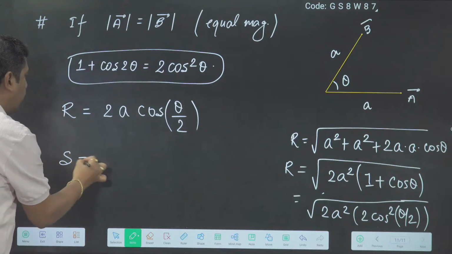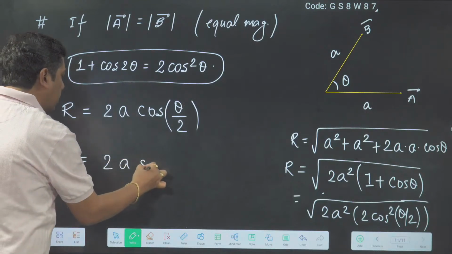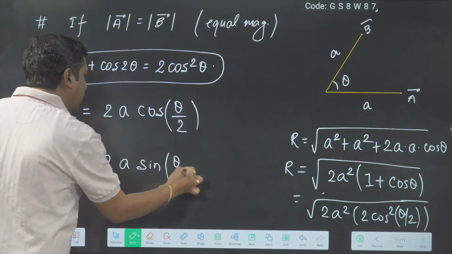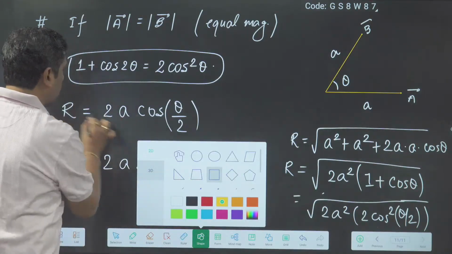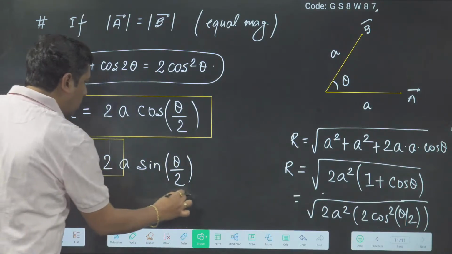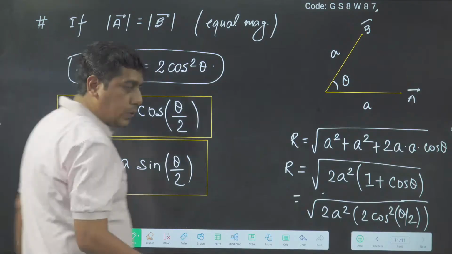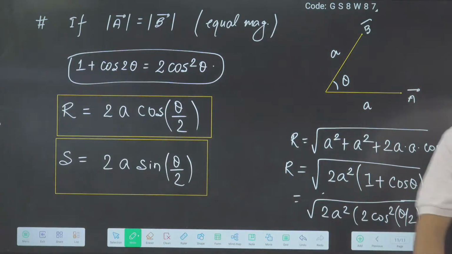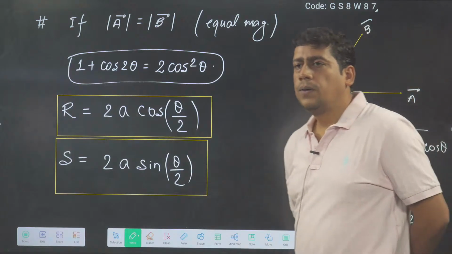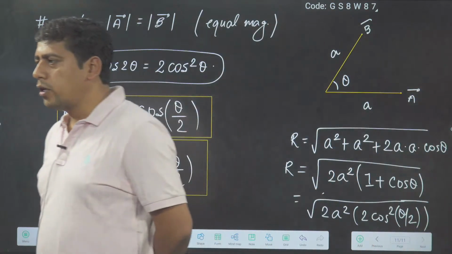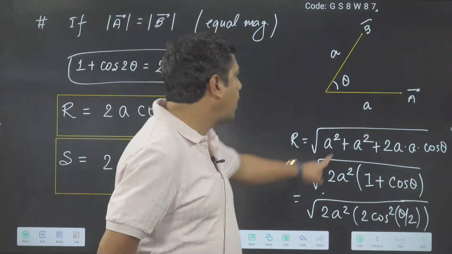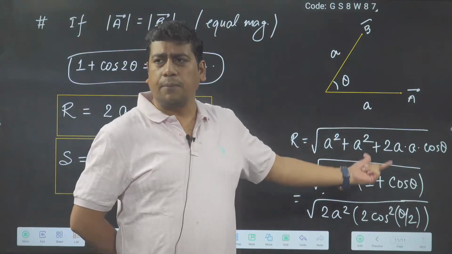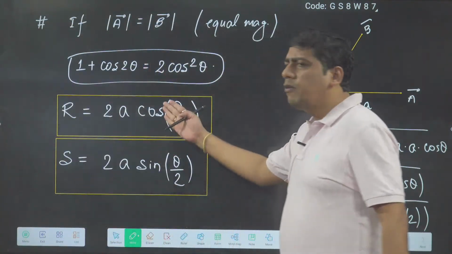And similarly, if you subtract, the answer will become 2a sin theta by 2. The addition becomes 2a cos theta by 2, because the equal magnitudes you get here and there. It will be time saving.